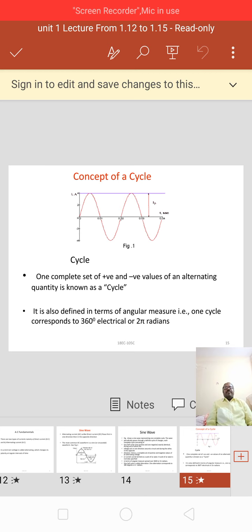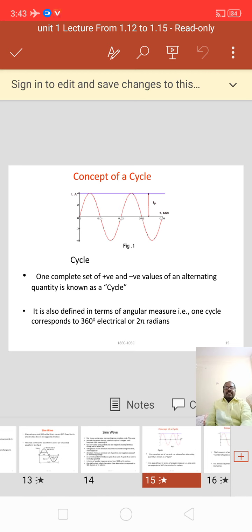In the previous concept we also learned that one half cycle is 180 degrees and the other half cycle is 180 degrees. Total corresponds to 360 degrees. It also resembles a cycle.